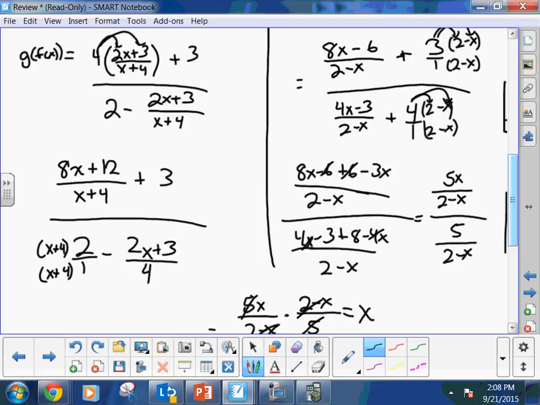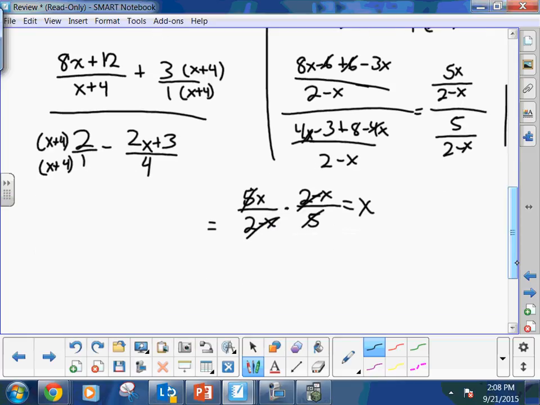And I'll go ahead and distribute the same thing here. X plus 4, because I want to get a common denominator in the numerator and the denominator in order to be able to get the next part of my solution. X plus 4. Distribute this up here, so I'll have 8x plus 12 plus 3x plus 12.